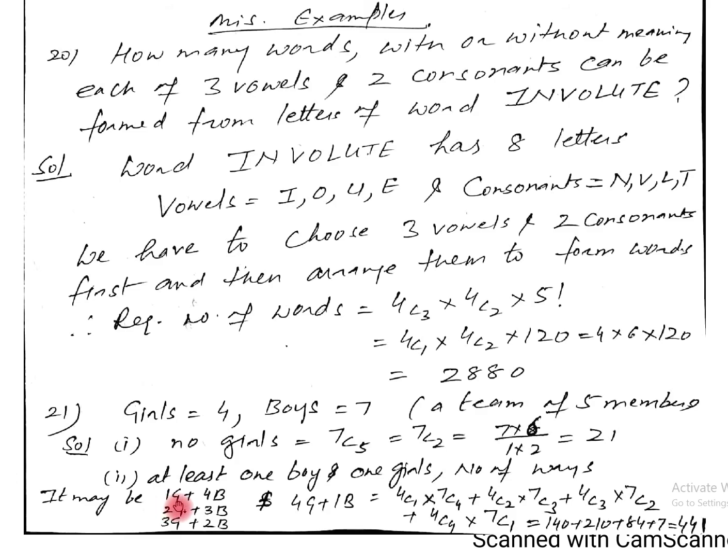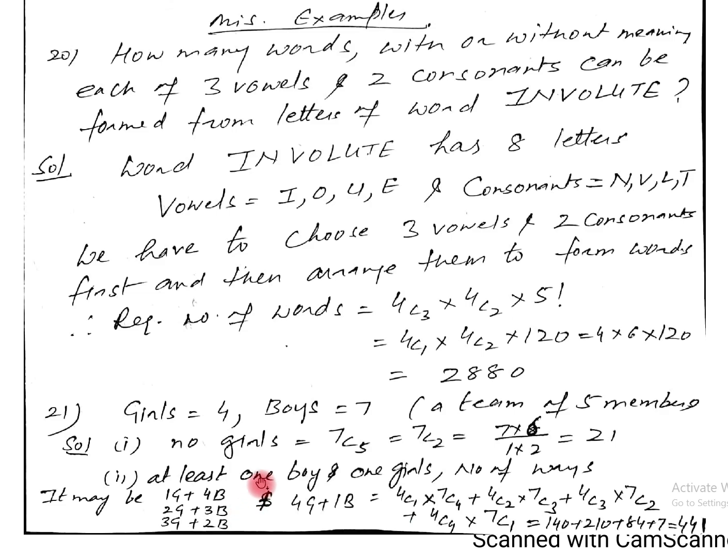Now whenever you consider the first case, then the number of combinations will be 4C1 into 7C4. In the second case we can make 4C2 into 7C3. In the third case we can make 4C3 into 7C2. In the fourth case we can take 4C4 into 7C1.